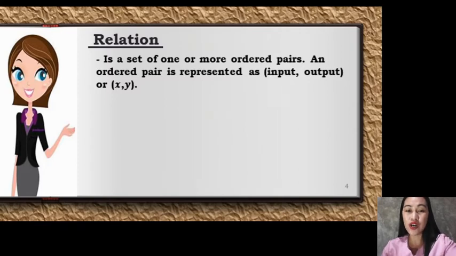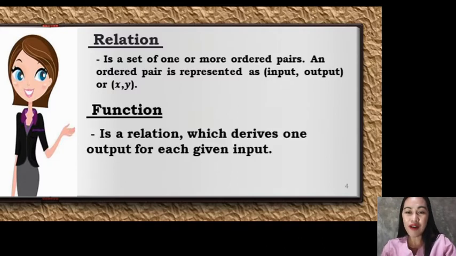The relation shows the correspondence or relationship between input and output. A function is a relation which derives one output for each given input. One output for each given input means that no element in the input is paired with two or more elements in the output.